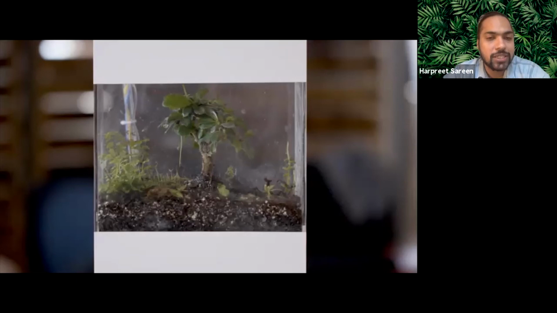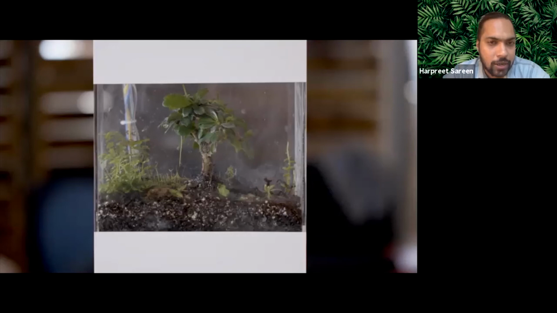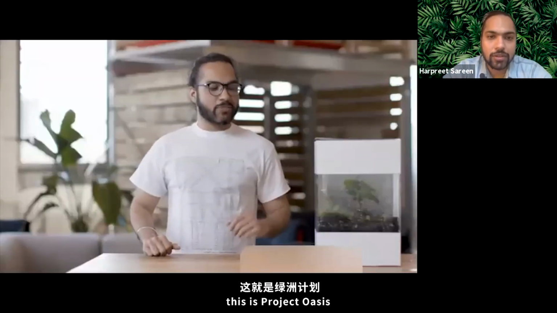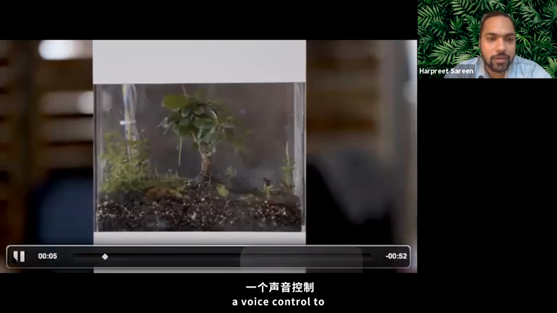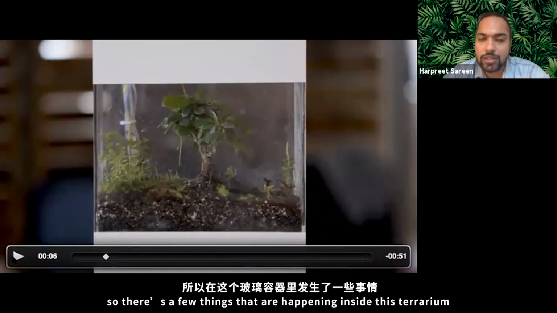So in this case, when I was at Google, I took this project upon myself where I designed this terrarium and connected it to Google Home. This is Project Oasis, a voice control terrarium. There's a few things that are happening inside this terrarium.